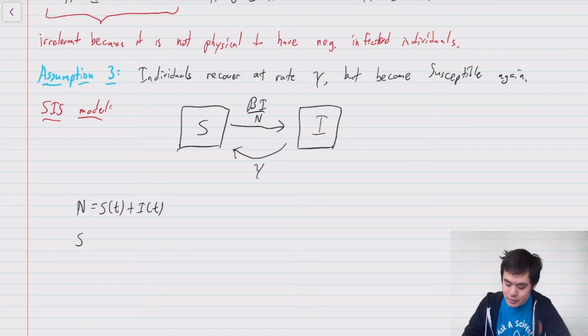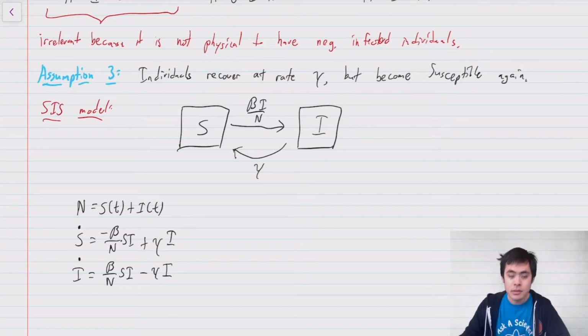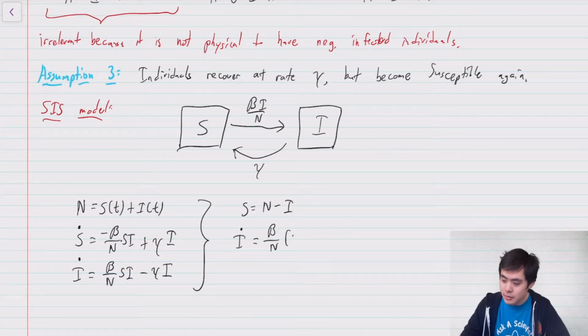And we have S dot, so dS/dt is equal to minus beta over n times S times I, plus gamma I. And I dot is equal to beta over n S I minus gamma I. And we know that S is equal to n minus I, and so we can substitute that in. So we get I dot is equal to beta over n times I times n minus I, minus gamma I.